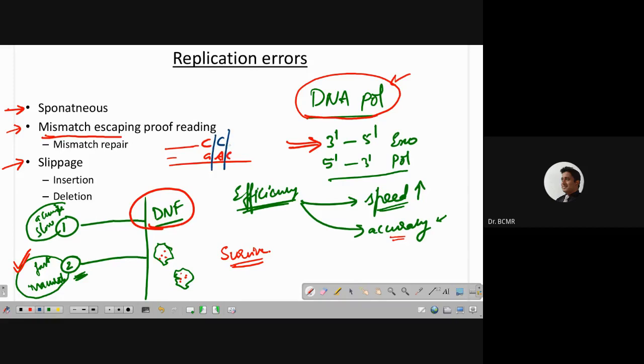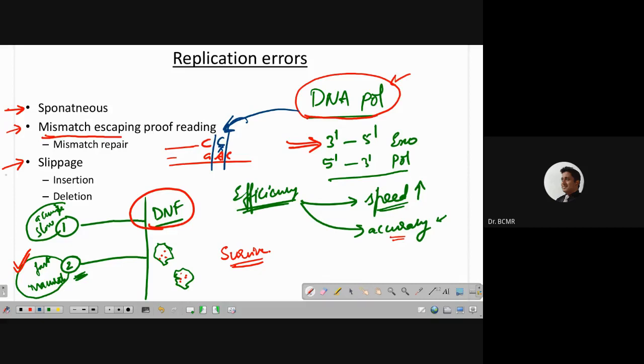A pairs with T, but here DNA polymerase by mistake has put a C, which is a mismatch. These are typical mistakes that DNA polymerase makes. Some of them might escape the proofreading capacity of DNA polymerase and get established as AC.